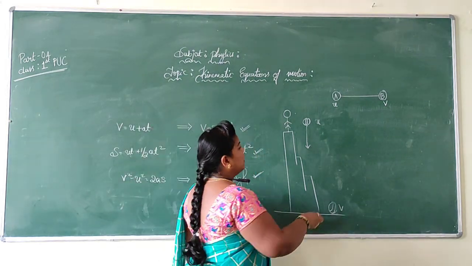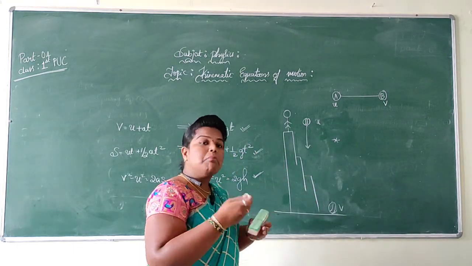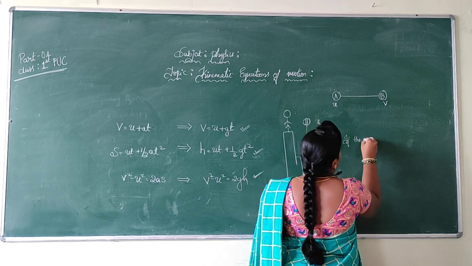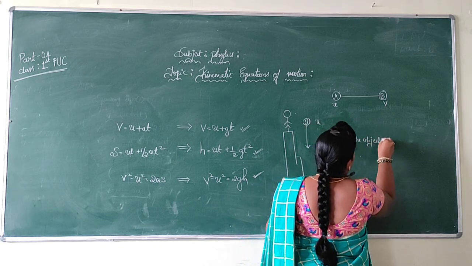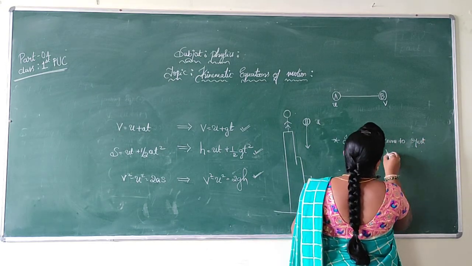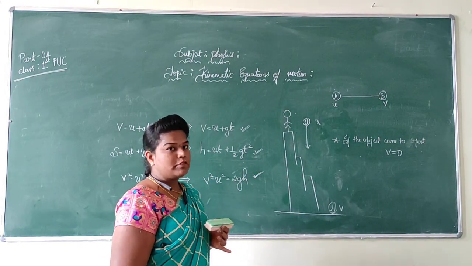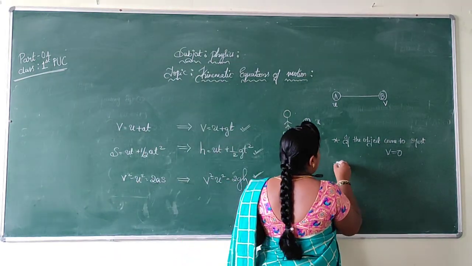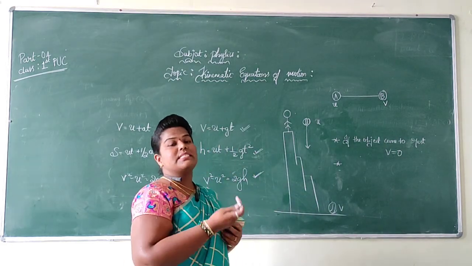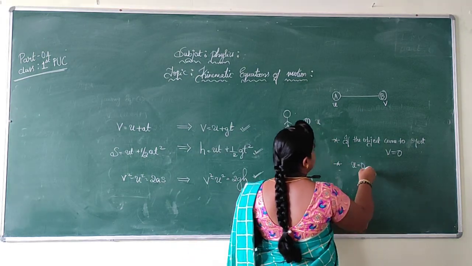Keep in your mind, if the object comes to rest, so that the final velocity becomes equal to 0. And if this object is going to start its journey from rest, that is taken as initial velocity becomes equal to 0.